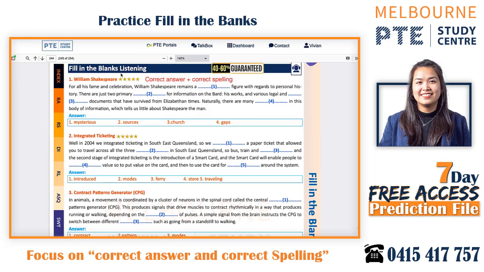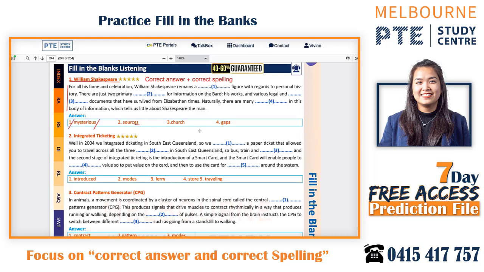Okay, so in here again, they don't have any question for you to practice, rather they give you the answer. So this is the paragraph, right? And this is the transcript, and some of the blanks are the questions that you need to fill in, right? So the first one is mysterious, right? So you need to know how to spell mysterious.